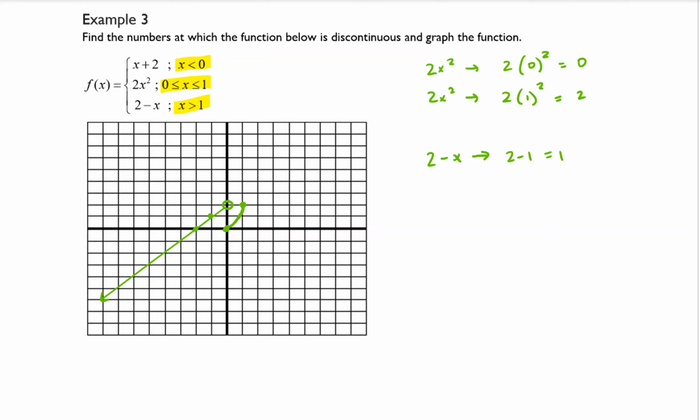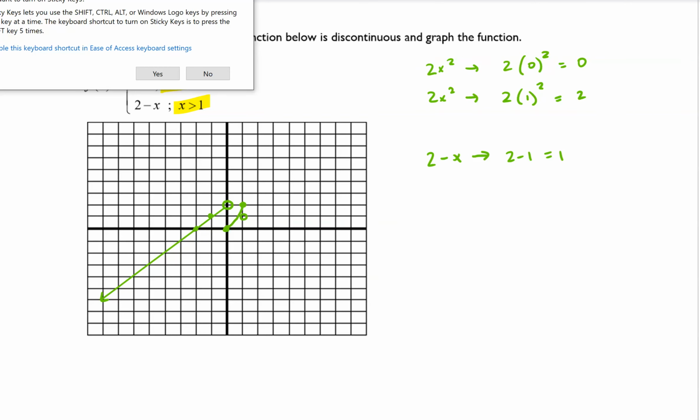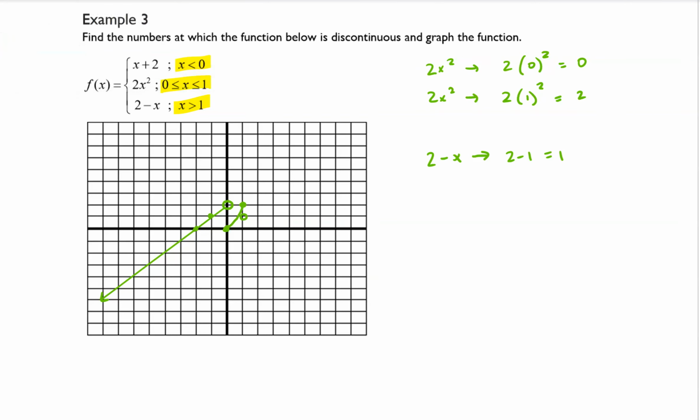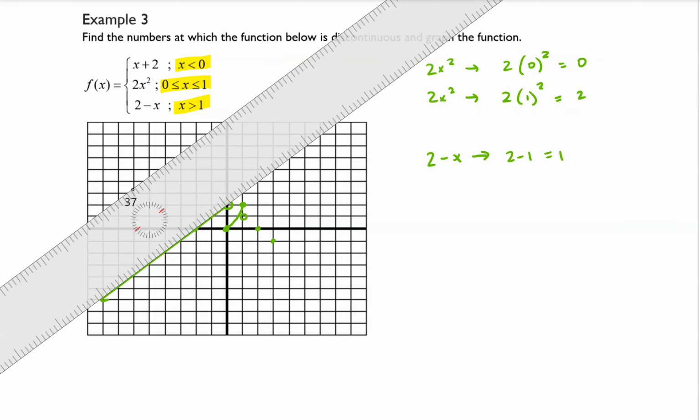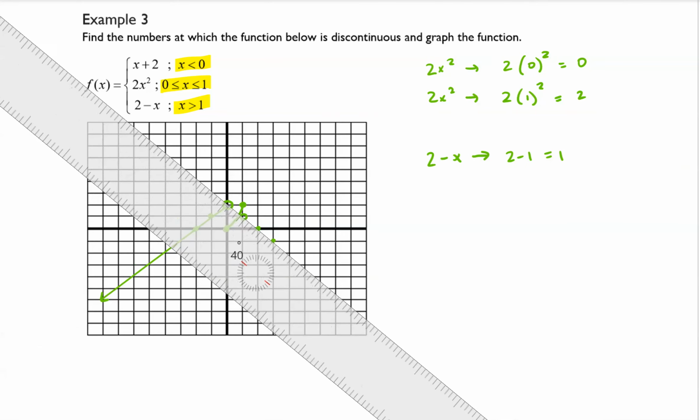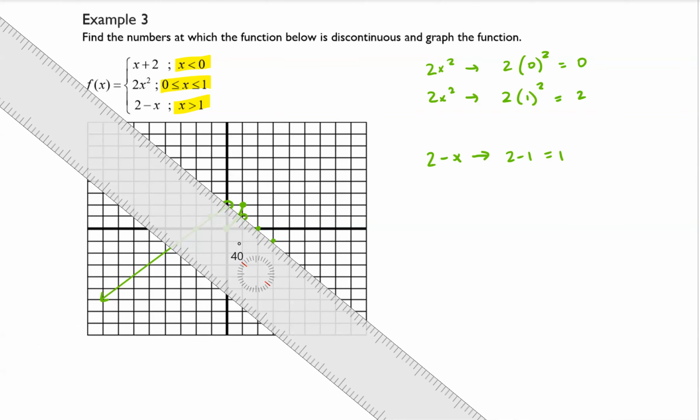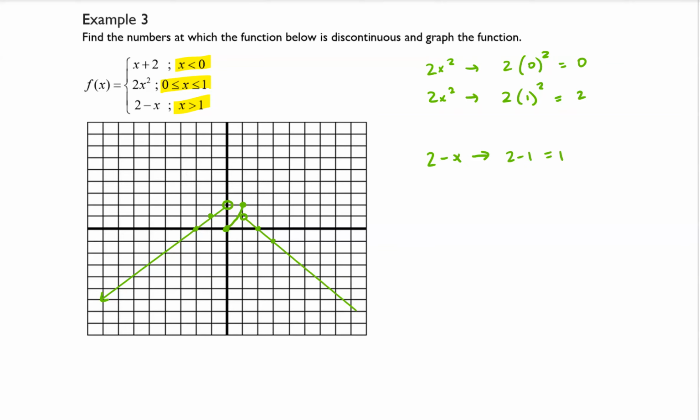That means that there would be, it's kind of hard to draw this, there would be an open circle at 1, and it has a slope of negative 1. So that would be like that. And then let me just pull out my ruler again to connect those. And then that graph would look something like that.